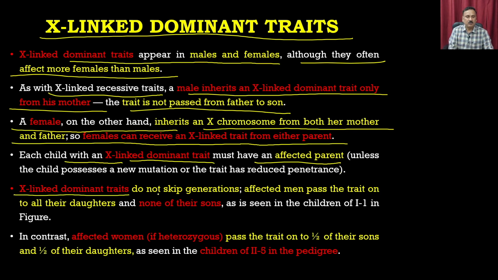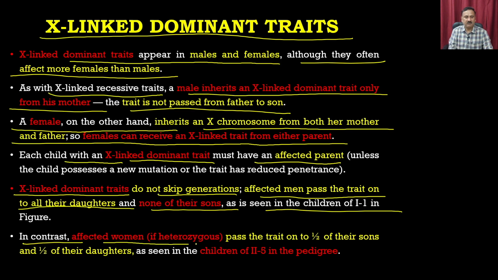X-linked dominant traits do not skip generations. Affected men pass the trait on to all their daughters and none of their sons, as seen in the children of this cross. In contrast, an affected woman passes the trait on to half of her sons and half of her daughters.